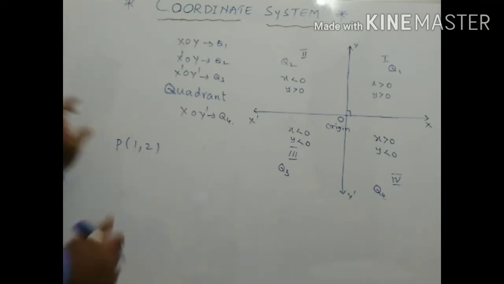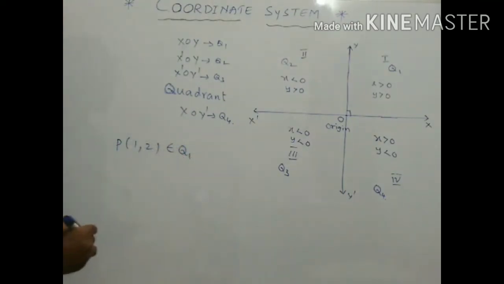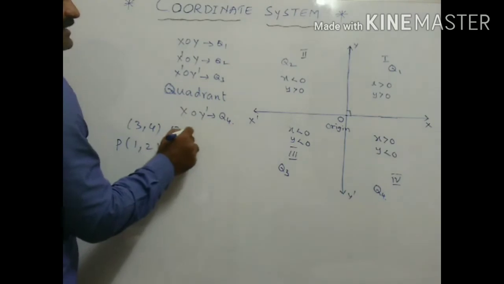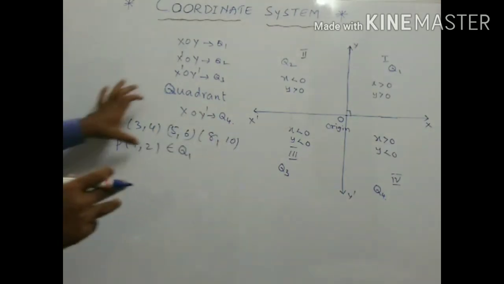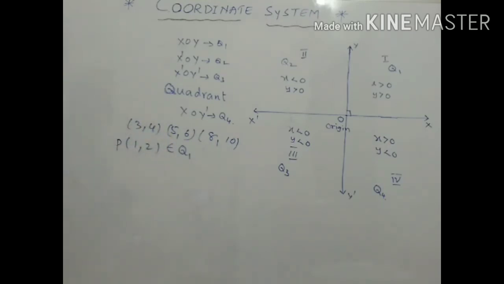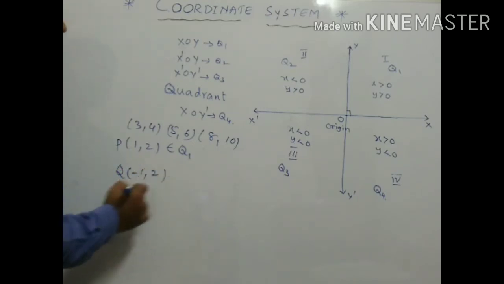Hence P (1, 2) belongs to quadrant 1. Not only (1, 2) my dear, but also (3, 4), (5, 6), (8, 10), etc. All these points, if you observe, have both x and y coordinates positive, hence they belong to quadrant 1.